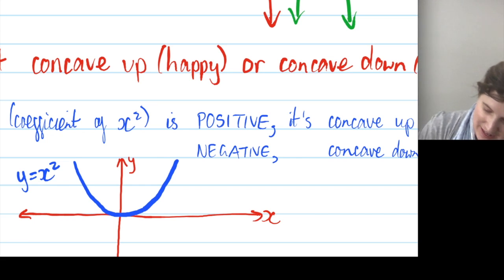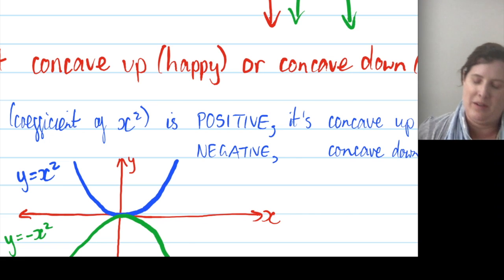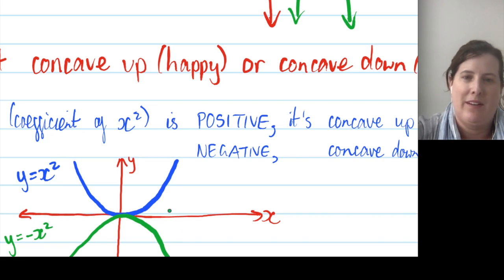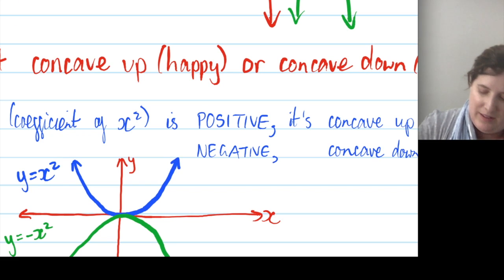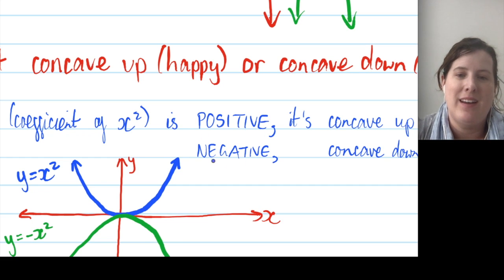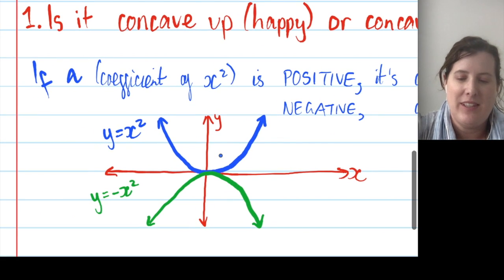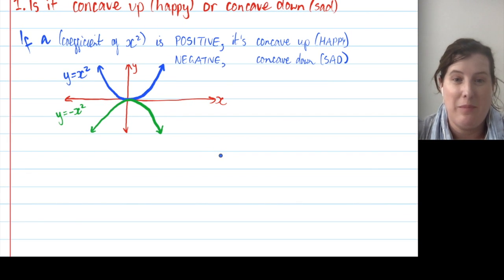But y equals negative x squared is going down like that. And it's going to keep going. I can't be bothered drawing it all the way because obviously you would never end. Its domain is all real R. So that's the first question: if it's going up or down.